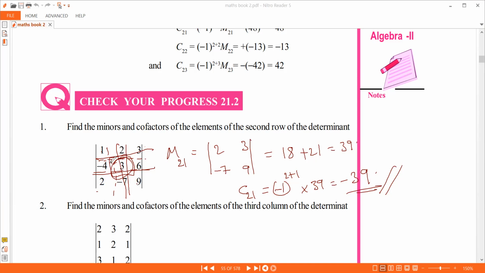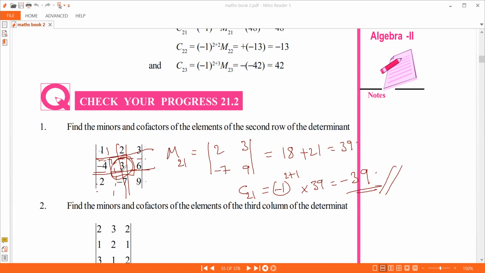So 3 means the middle 3. You have to close the row and column.